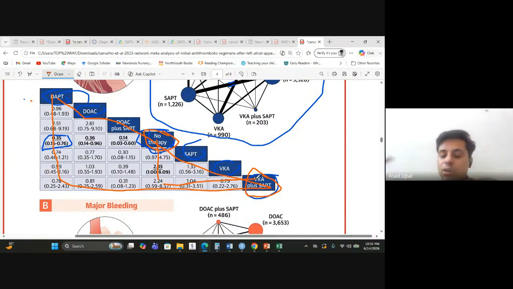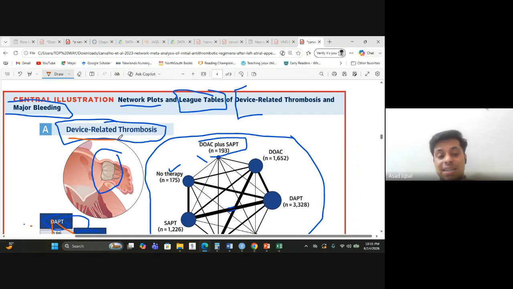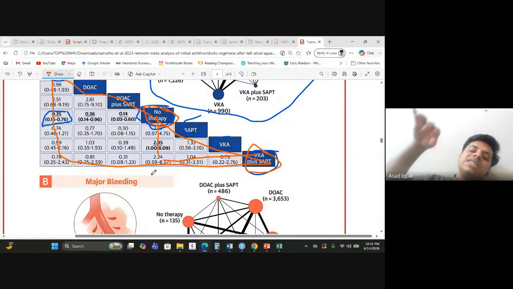No matter what you are comparing, you just go with the column versus the row. So what's its point estimate? For the outcome device related thrombosis, no therapy related to VKA plus single antiplatelet therapy has an odds ratio of 2.24, with a confidence interval from 0.59 to 8.57.